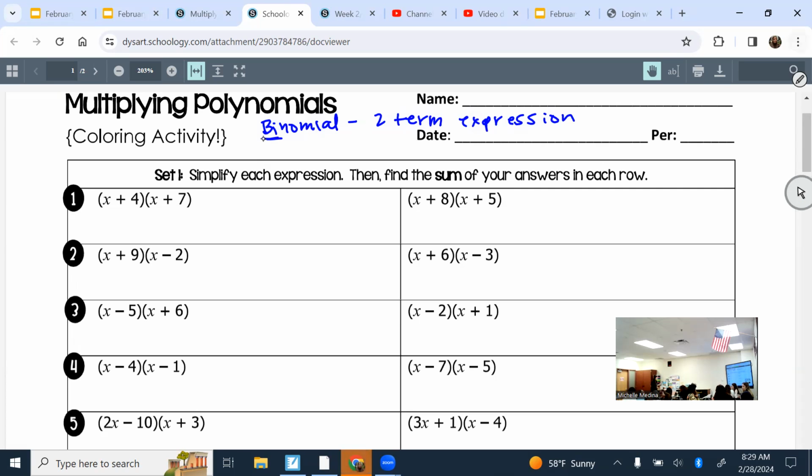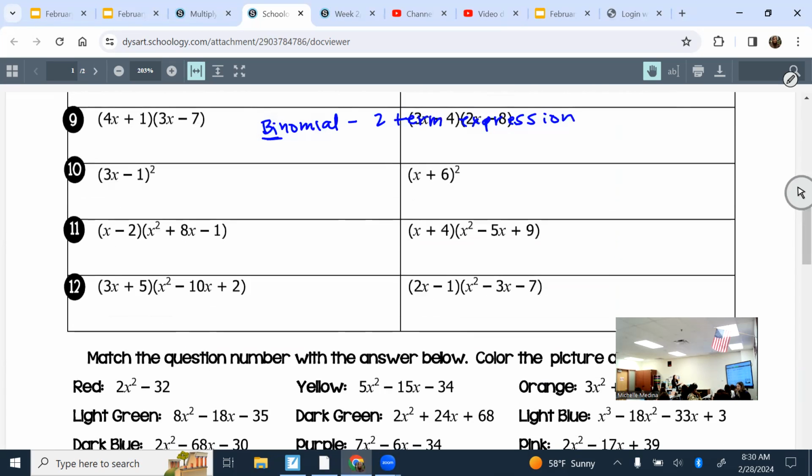So for almost all of these, we have a two-term times a two-term. That's the major skill that I need you guys to leave with today. We've been practicing it in lesson 8 and 9. Now you have very direct practice on just those skills. But you also will see, down here, a binomial times, what do we call it if it's 3 terms?